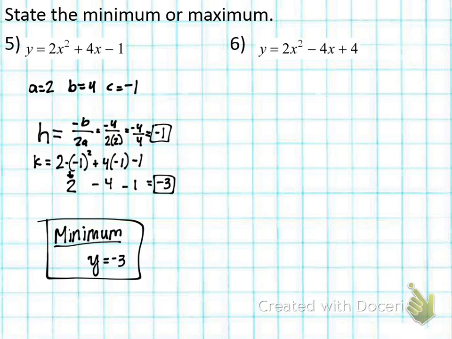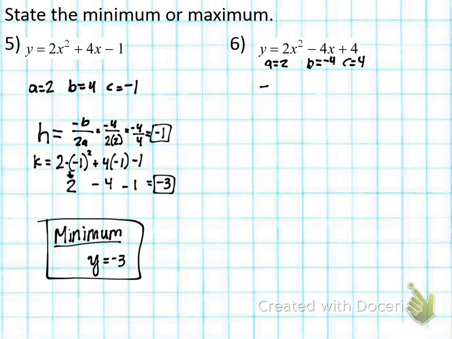So let's have you do number 6. It's a little different than number 5. Okay, I'm going to work through this quickly. Number 6, you have A is equal to 2. B is equal to negative 4. C is equal to 4.